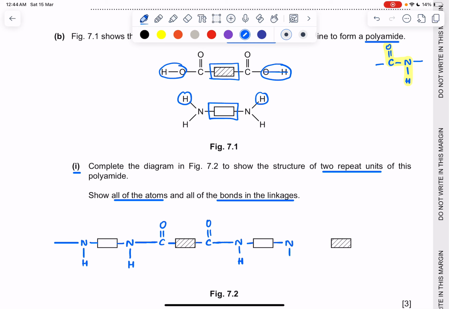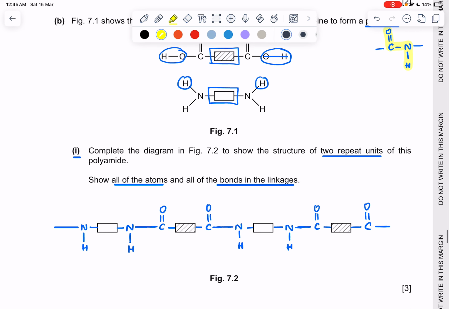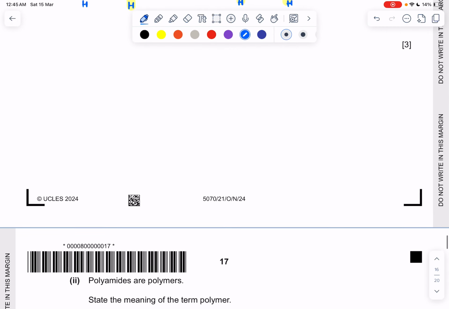Then same thing, nitrogen and carbonyl and then extended line. So this is how we have to draw the two repeat units of the above monomers to make the polyamide linkage. In all the structure, this is the amide linkage, and as there are many amide linkages, that's why we are using the word polyamide.